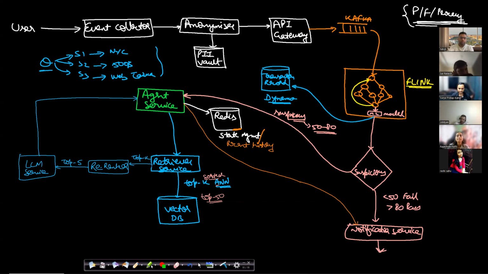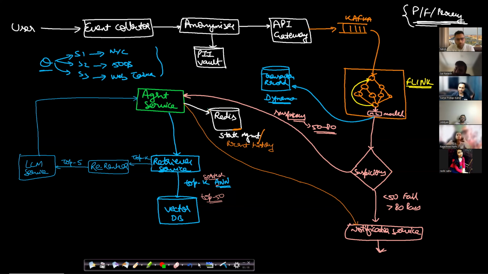Surya, my question was about this. All the events which are coming from Kafka and then getting flagged from the ML model, so all events will go to DynamoDB, or only suspicious ones? No, every event will go to Dynamo.